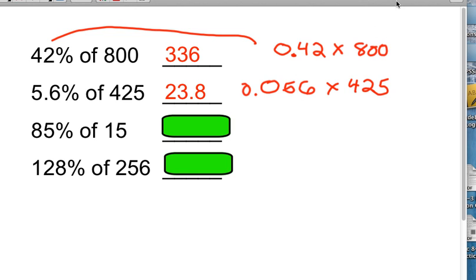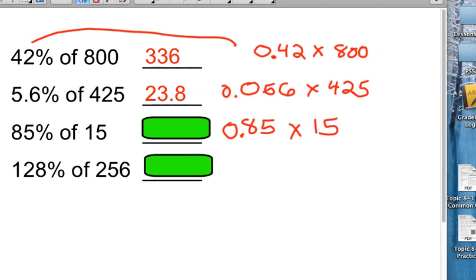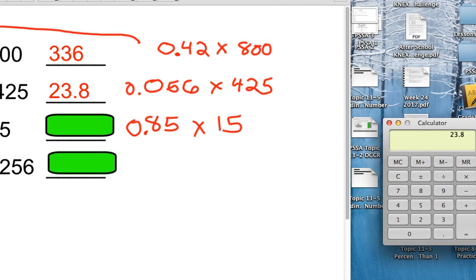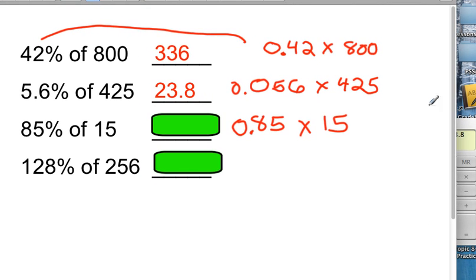All right? Let's take a look at the next one. The next one, we have 85% of 15. So we're going to change 85% to 85 hundredths, and we're going to multiply it by 15. And once again, I'm going to go looking for my calculator. Got to quit doing that. Okay?